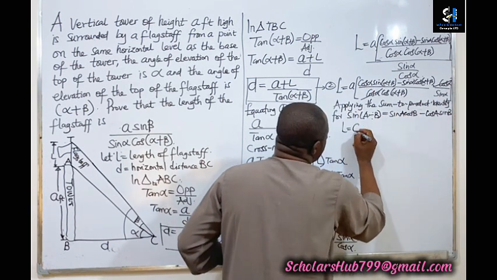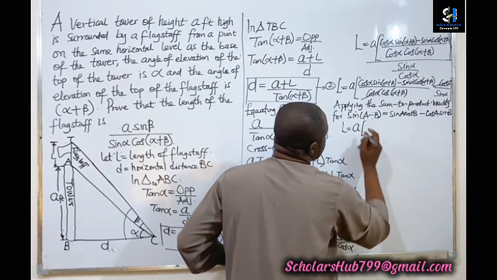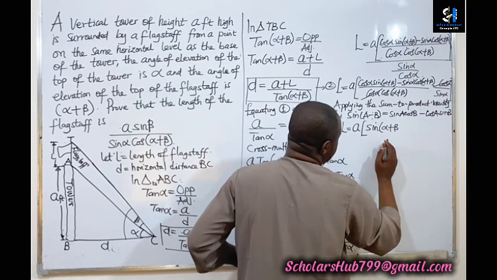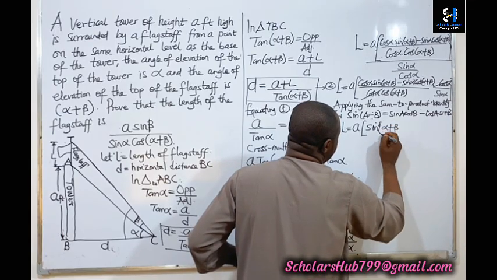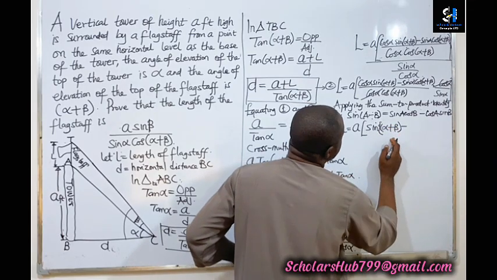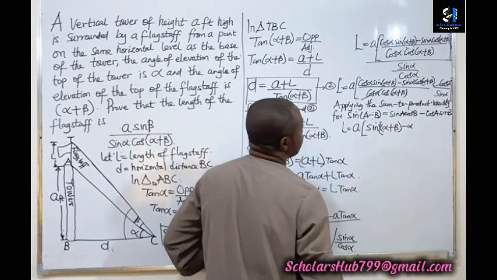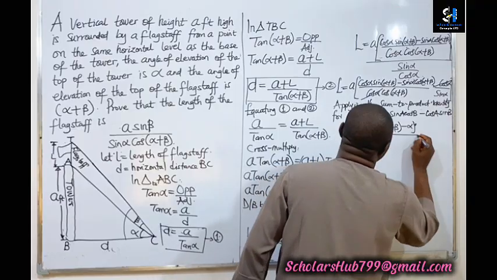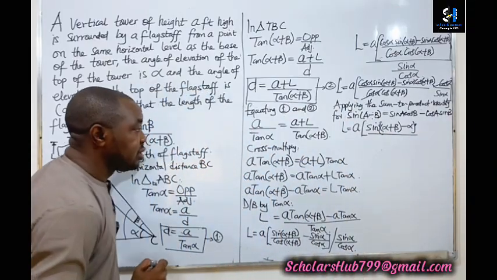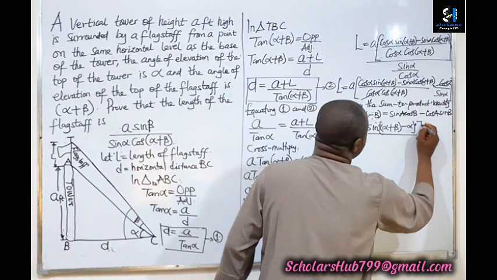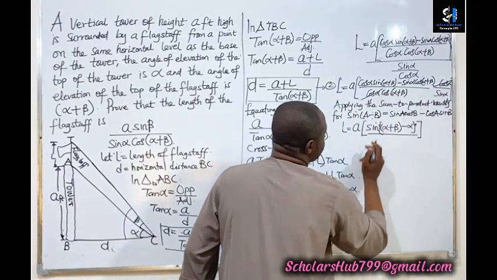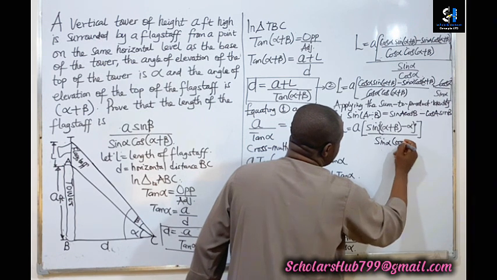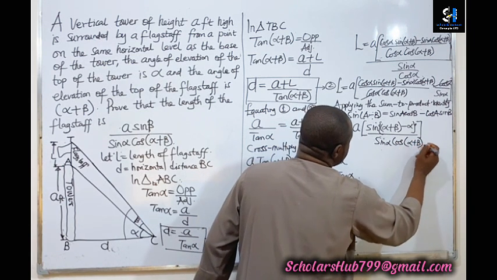So this will be A open bracket sine of alpha plus beta minus alpha, close parenthesis, all over, remember we want to prove this identity, sine alpha then cos alpha plus beta.